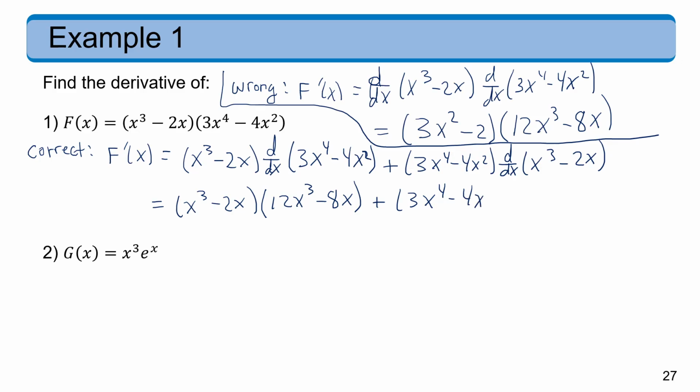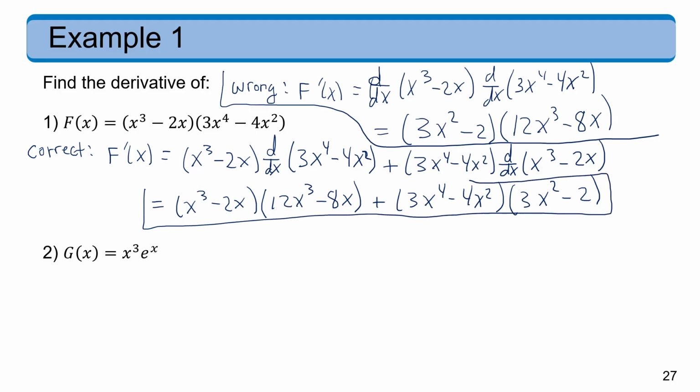And then we multiply that by the derivative of what's in the next parentheses, which is 3x squared minus 2. This is the correct formula for the derivative. Now, of course, you could simplify a lot by distributing and combining like terms, but we're not going to do that right now. That would be pretty involved.